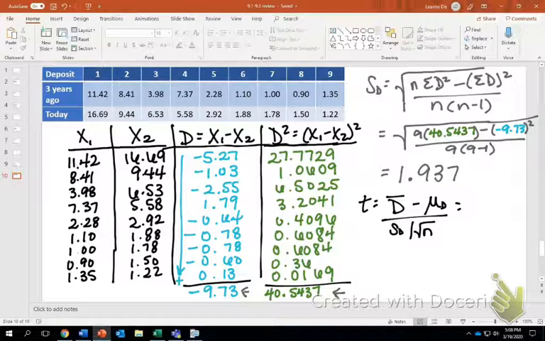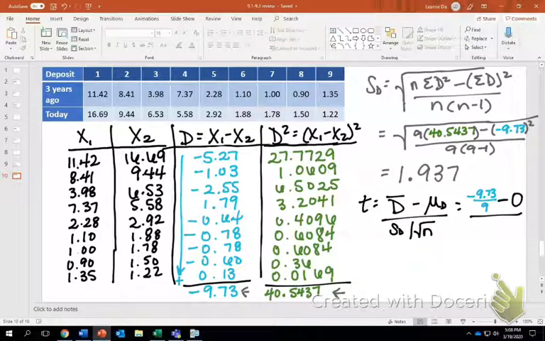Okay, so the summation of d was negative 9.73, so I'm going to write in my blue negative 9.73 over 9. Again, we are subtracting a 0.